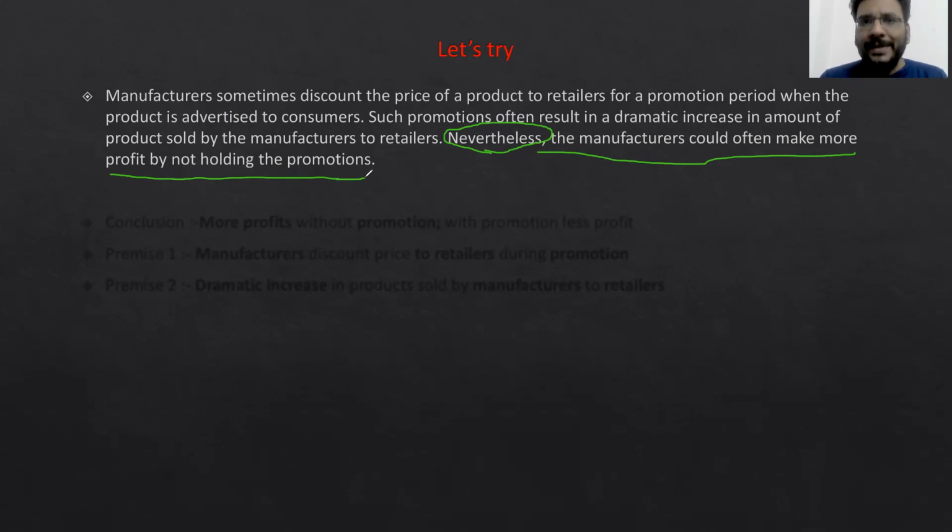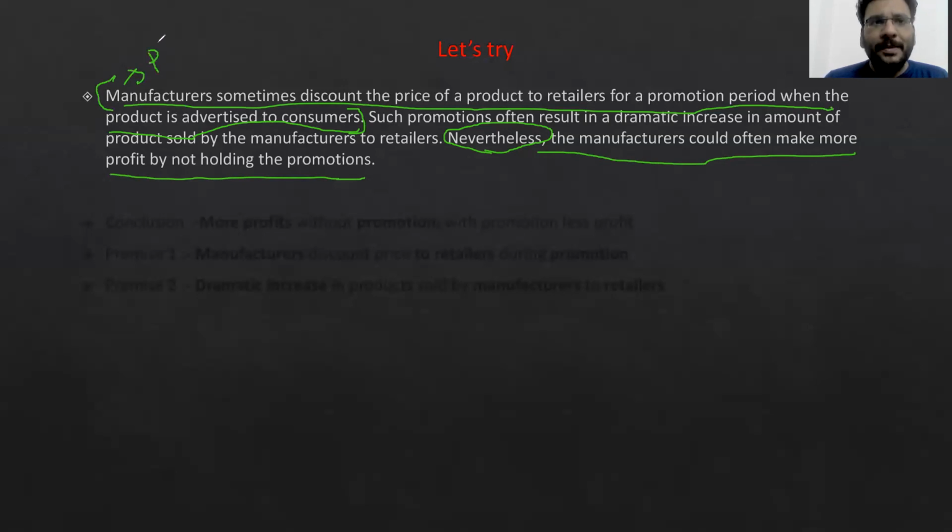Now, on what basis does the author come to that conclusion? There are two pieces of data here. The first point is manufacturers discount the price of a product to retailers for a promotion period when the product is advertised to consumers. So that's the first reason why the author comes to the conclusion that let's not go for promotion.